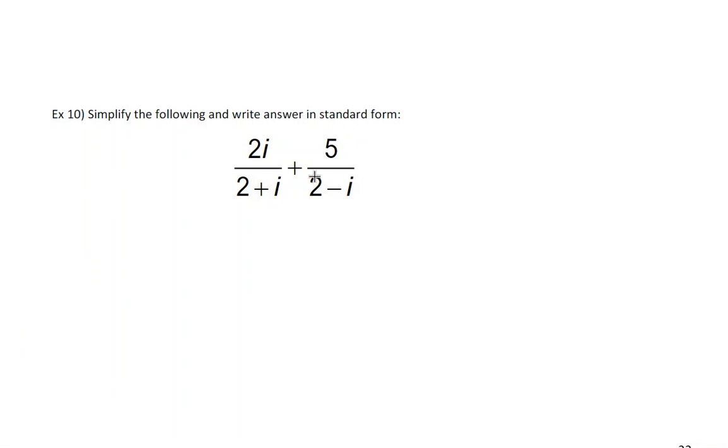So in order to simplify this, I want you to realize that you are adding fractions together. So in order to add fractions, you need to make a common denominator. And the easiest way to do that is to multiply each of these fractions by the opposite denominator. And what's nice about these is those happen to be conjugates.